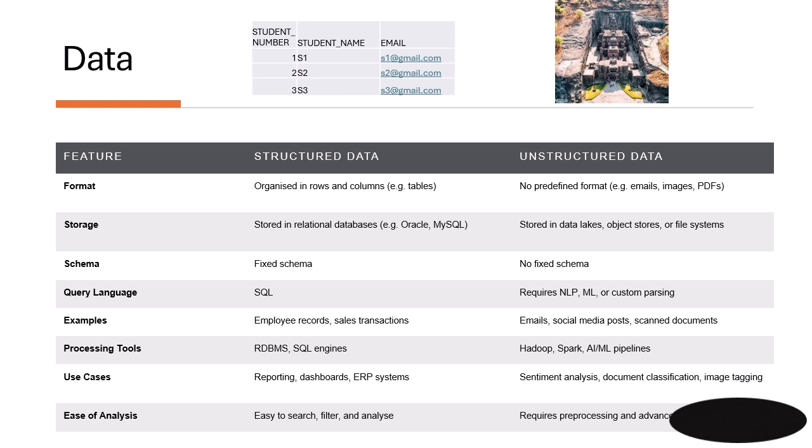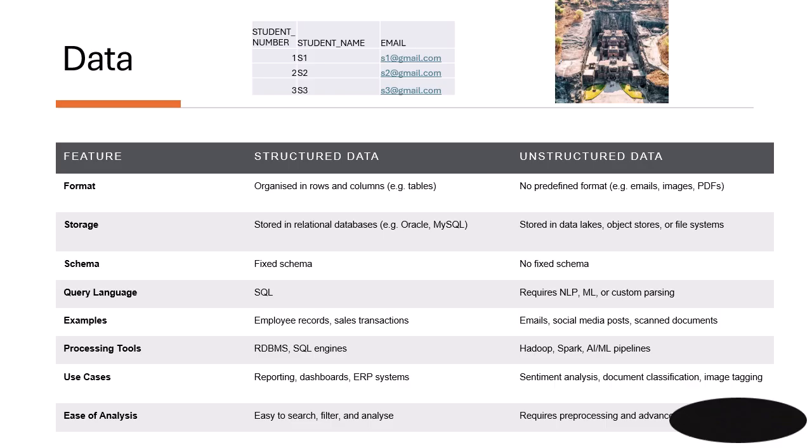And then schema. What is schema? Schema basically describes the way the data is organized and the way relationships between data are managed. Structured data will have a fixed schema.